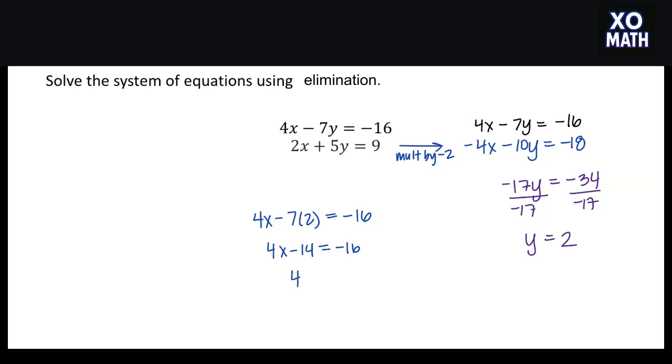Adding 14 to both sides, I get 4x is equal to negative 2. And dividing both sides by 4, I end up with negative 2 over 4, which reduces to the fraction negative 1/2. So my solution has a fraction as one of its parts, which is perfectly fine. I have negative 1/2 as the x-coordinate and 2 as the y-coordinate.